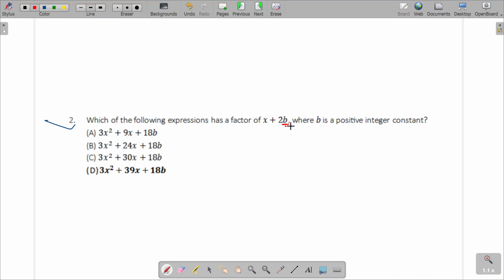So even if you're using the quadratic formula, negative b plus minus the square root of b square minus 4ac, divided by 2a, let's say here I'm using that formula, so it is going to be negative 9 plus the square root of 81 minus 4ac, divided by 2a.